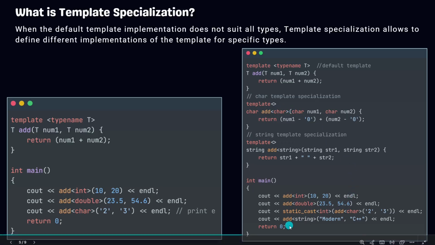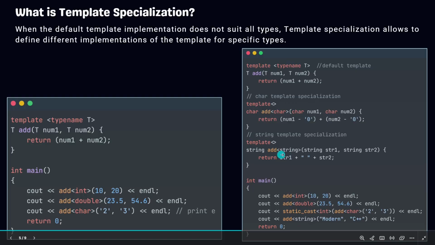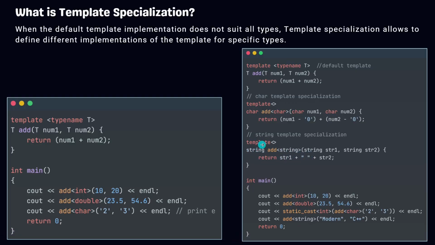Similarly, if the user passes a string, we have a different implementation. Here, this is a string template specialization, template string add, and here we are specializing with the string as str1, str2, and concatenating these two strings. Here the logic can be anything, it is up to your requirement.